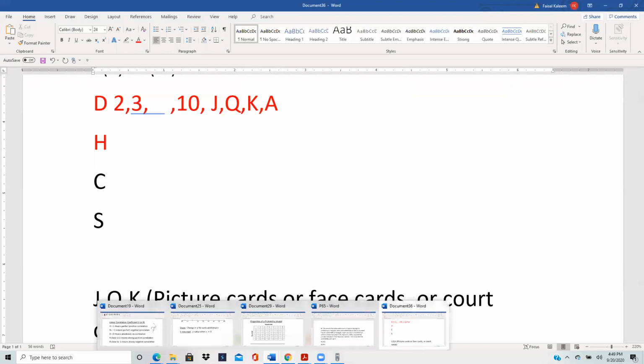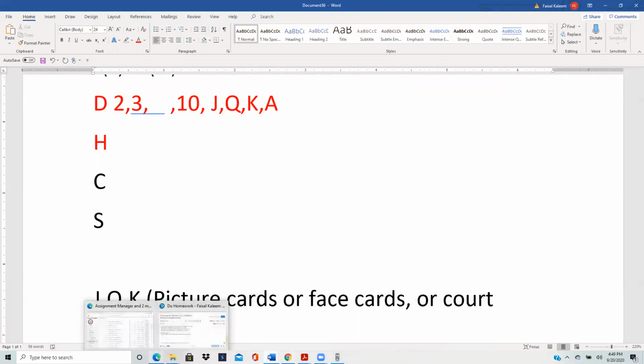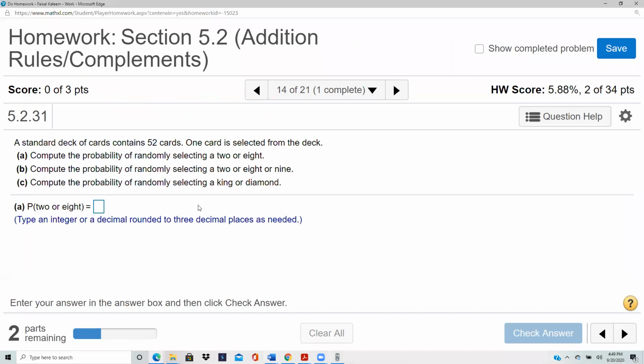So going back to the problem, calculate the probability of selecting a 2 or an 8. So there are 4 2s and there are 4 8s.